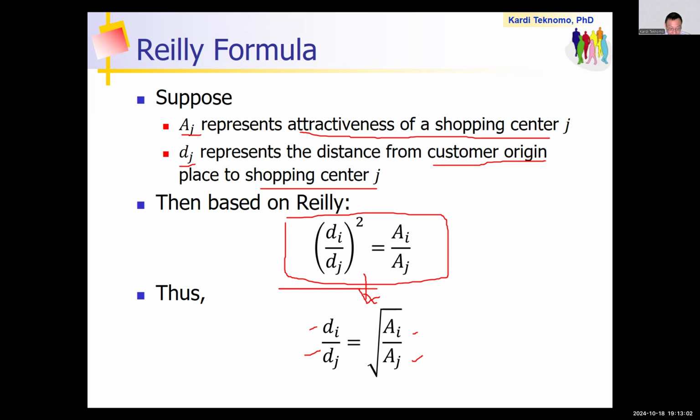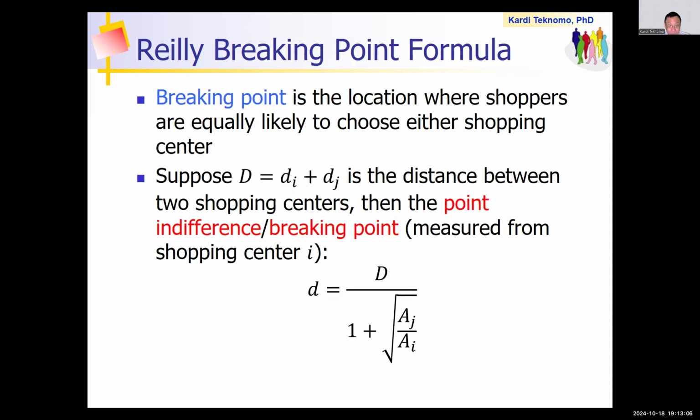Because of this, we can set up: let's assume capital D here is Di plus Dj, the distance between the two shopping centers, and you are in the middle.